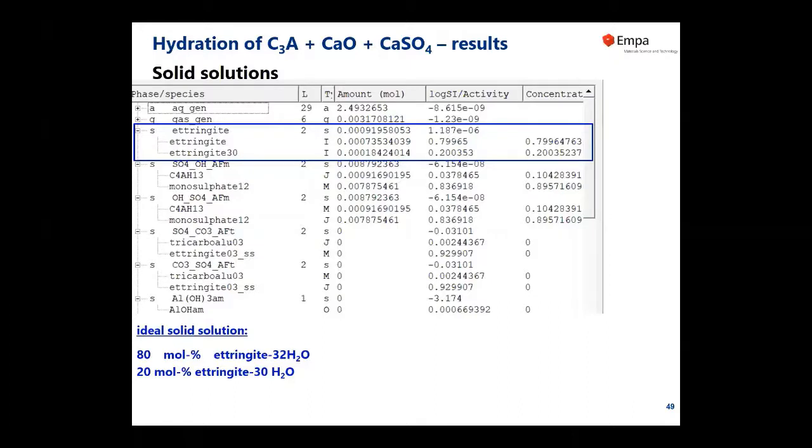So if we think, maybe of calcium sulfate or calcium carbonate as a simple form, you could replace some of the calcium by strontium. And this is actually working fine. If you have this kind of replacement, we call it a solid solution.